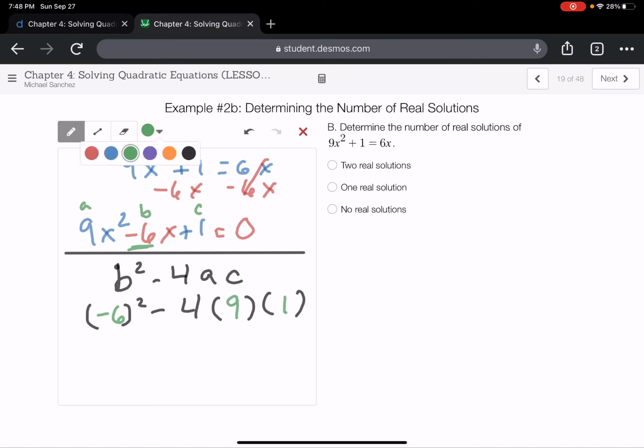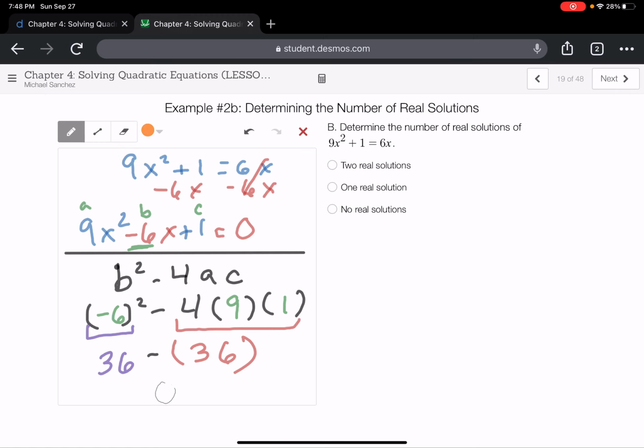Now let's try it out. Negative 6 to the power of 2 is negative 6 times negative 6. A negative times a negative is a positive 36. Minus 4 times 9 times 1, that's 36 times 1, which is just 36. So we have 36 minus 36, which is 0.